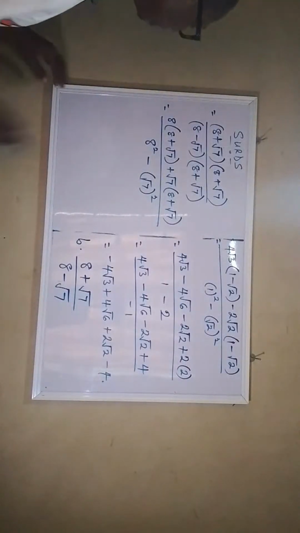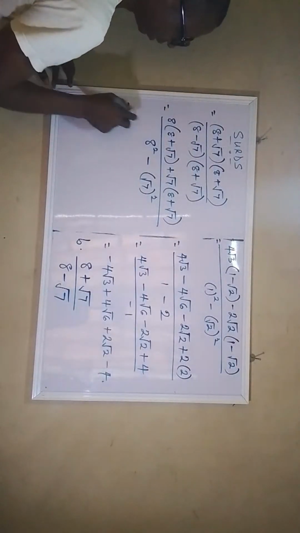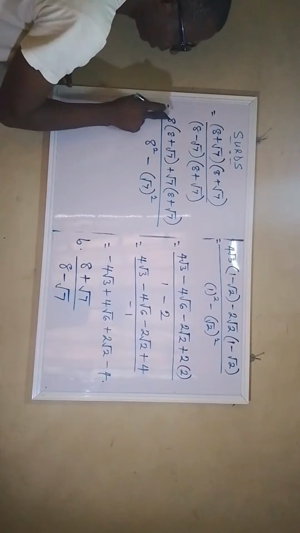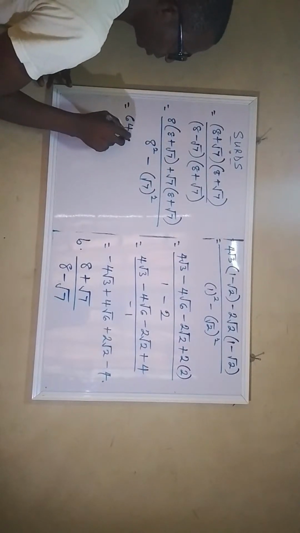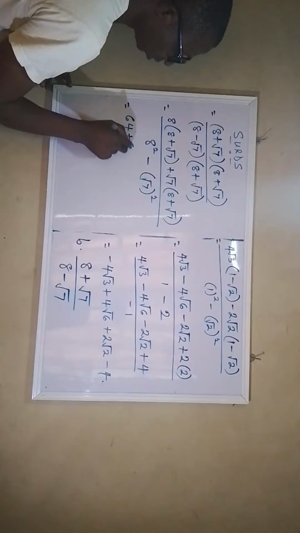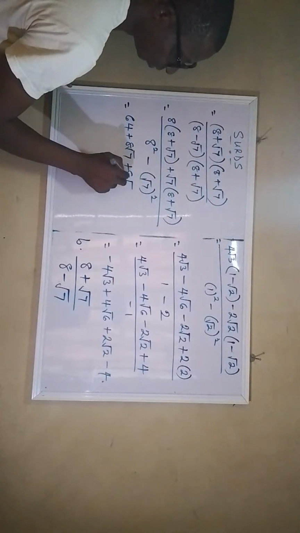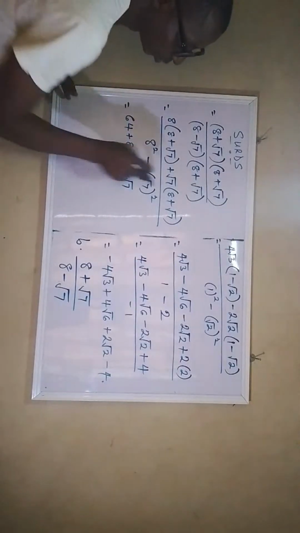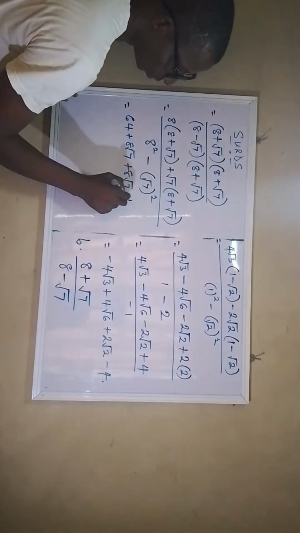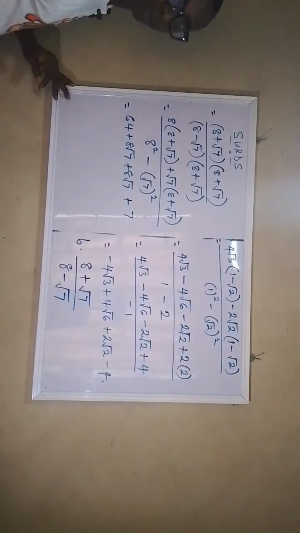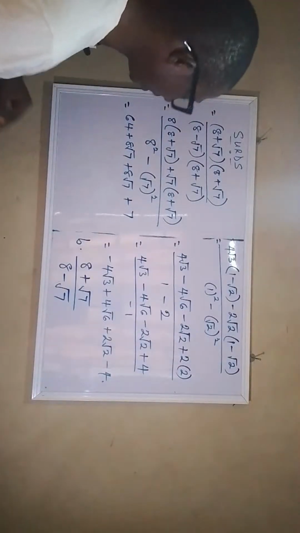Now this turns to 8 times 8, that's 64. 8 times square root of 7, that's plus 8 square root of 7. Now this times this, plus 8 square root of 7. Square root of 7 times square root of 7, that's 7. So that's square root of 49, and square root of 49 is 7.